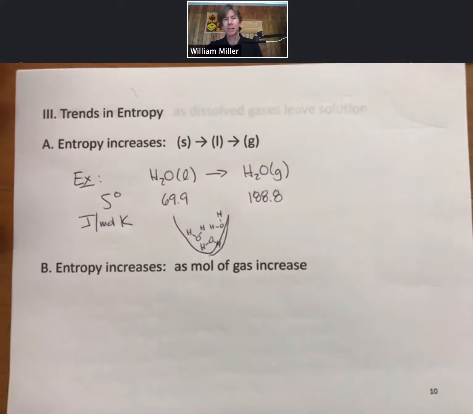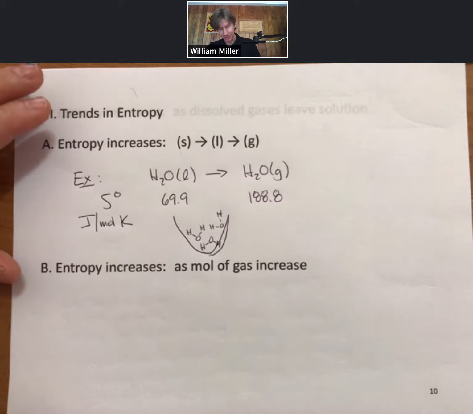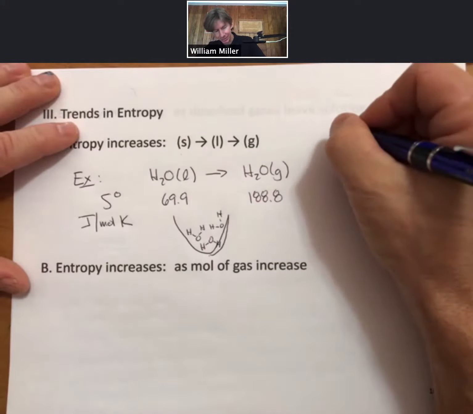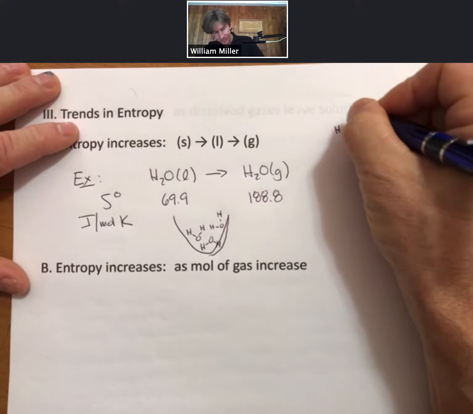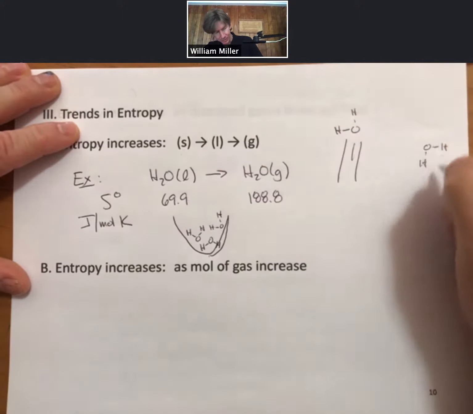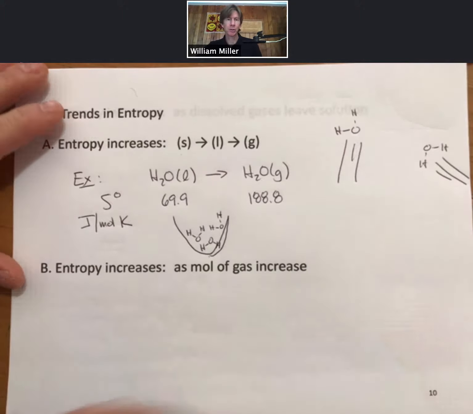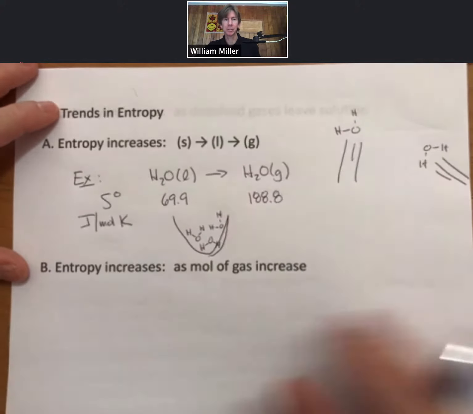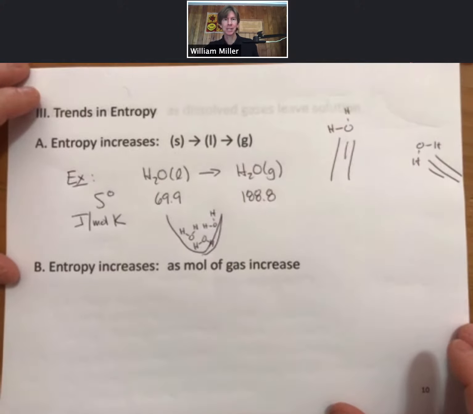You could even draw hydrogen bonds if you want, because there are hydrogen bonds in the liquid phase. And then for the H2O gas, you can draw them very far apart, and we've taken the same molecules and dispersed them, spread them out.